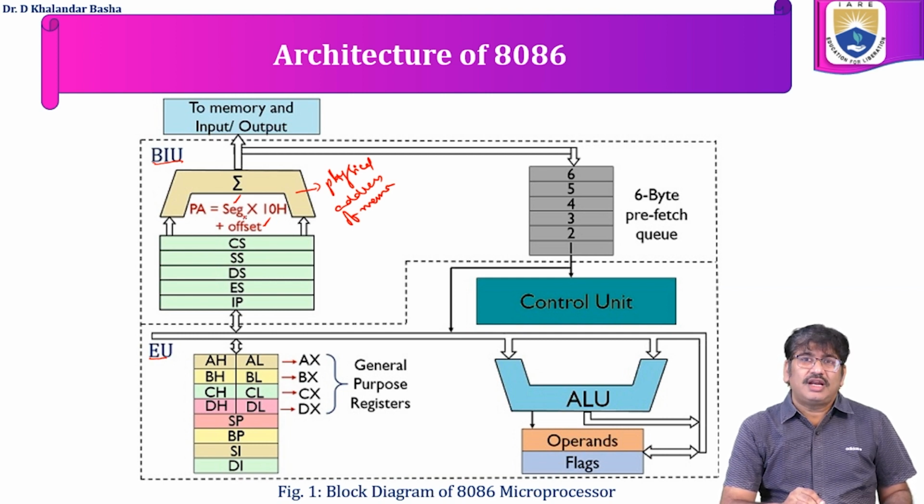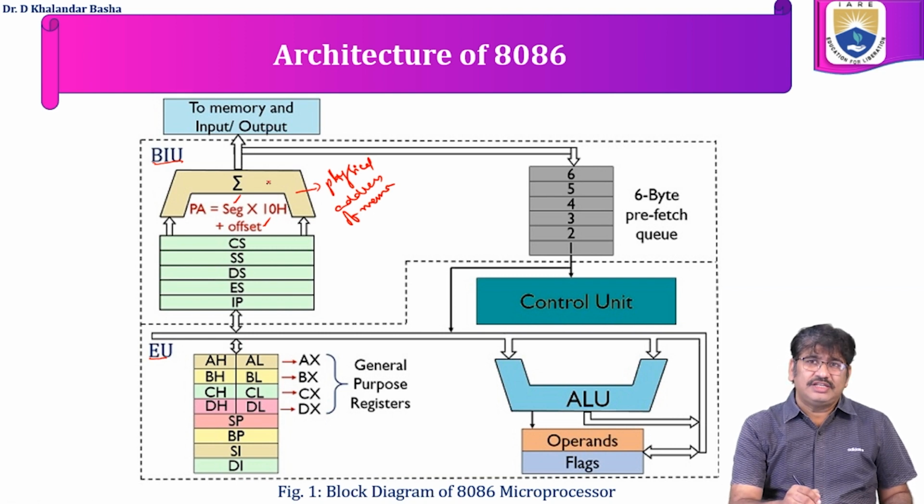The segment register address can be fetched from any one of these registers: code segment register, stack segment register, data segment register, extra segment register. Whereas the offset values will be fetched from the pointers, index registers, or the instruction.